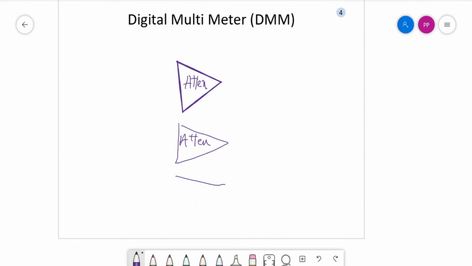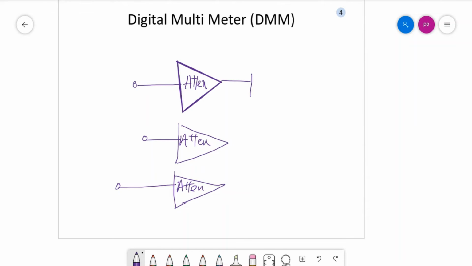This is again attenuator. So you have a switch, input switch, 3 inputs I am considering at this point of time for the measurement of AC voltage, DC voltage and current. So you can have more inputs depending upon the requirement.